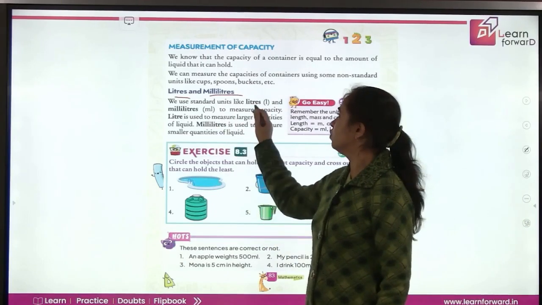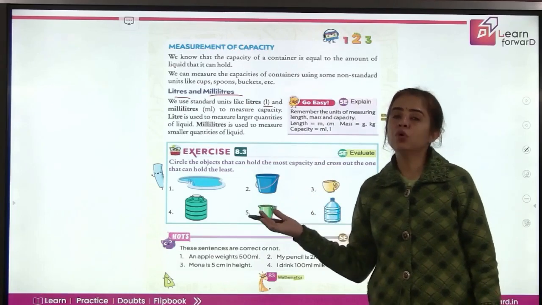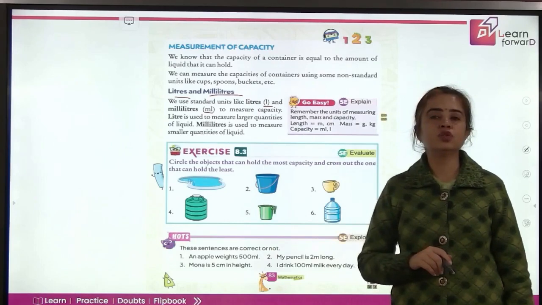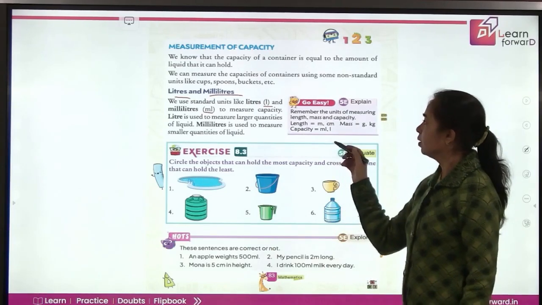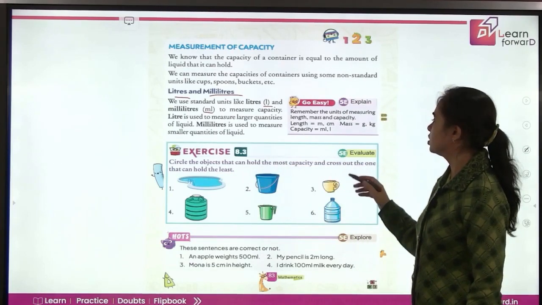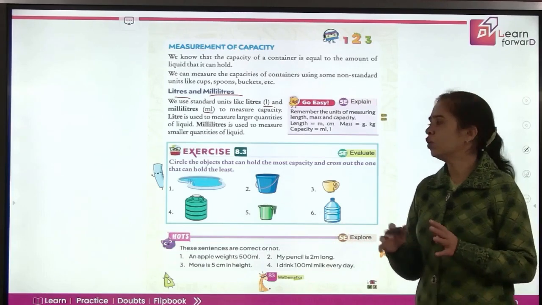L is used for liters. We use it for measuring more of liquid, and ml is milliliter, which is used for measuring small quantities of liquid. Now, circle the objects that can hold the most capacity and cross out the one that can hold the least. So, what do you think?